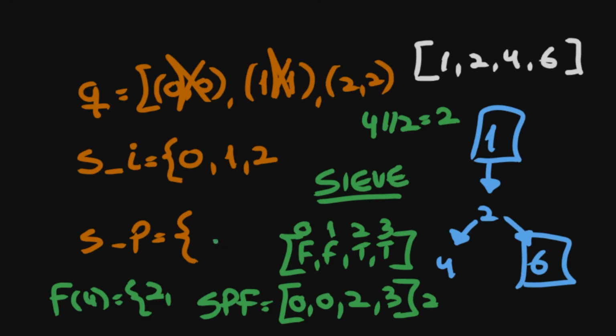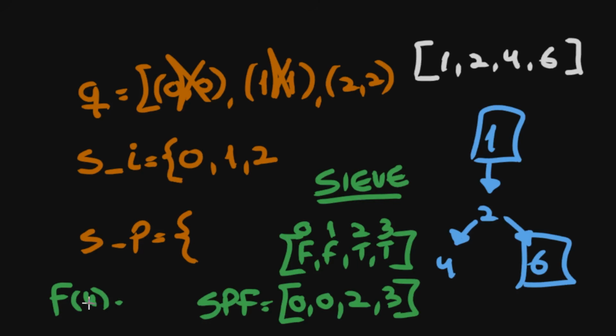So we go to SPF at index 2, and here we have a 2. We add 2 to the set, and given that this is a set, we don't have repeated values. So that's it, we get a set with 2. And now we need to update this once again until it's smaller than 2. So we do 2 divided by 2, and this is equal to 1. Now 1 is smaller than 2, so we return this.